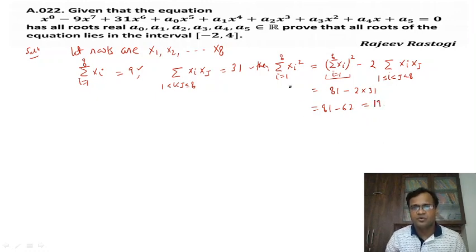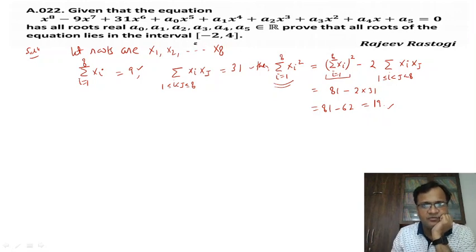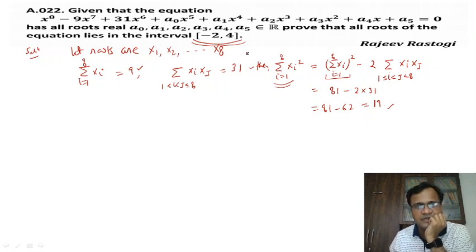Okay, so the sum of the squares of the roots of this polynomial equation is 19. And what we have to prove? That this equation has all the roots lying within the closed interval -2 to 4.